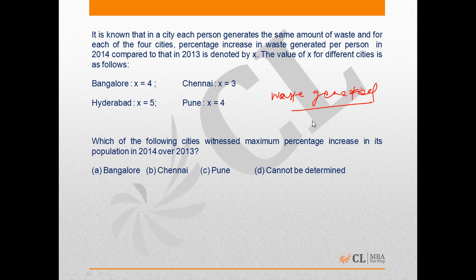So percentage increase in waste generated in 2014 compared to 2013 will be a factor of two things. First thing, percentage increase in per capita waste generated, that is percentage increase in waste generated per person, and the percentage increase in the population.